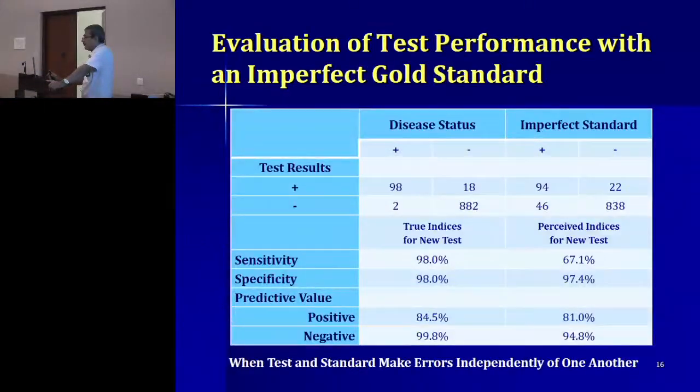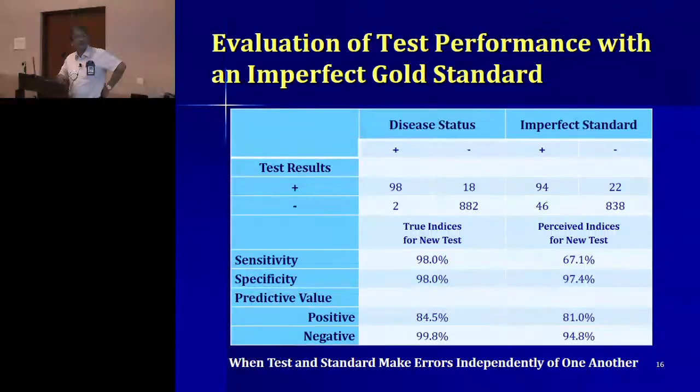So this is another example. Evaluation of test performance with an imperfect gold standard. Okay, so this is the actual truth. This is the perfect gold standard. This is where an imperfect standard has been used. And you have test results. See what happens. You may get 98 here, 2 here, 18 here. This is the actual truth. But when you use an imperfect gold standard, you may get 94, 46, 22, 38.